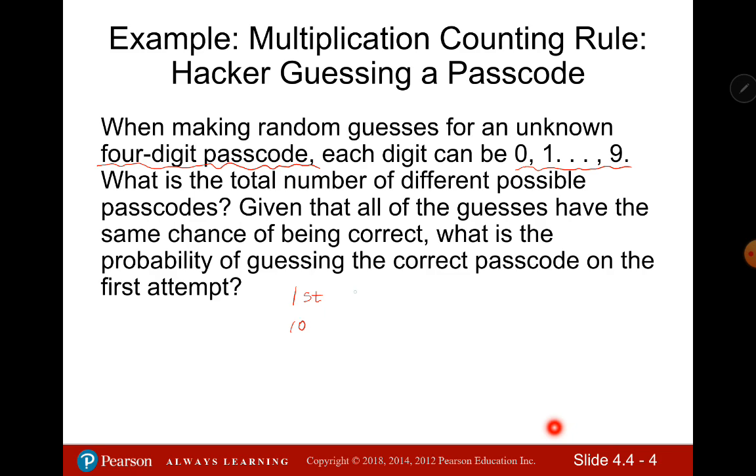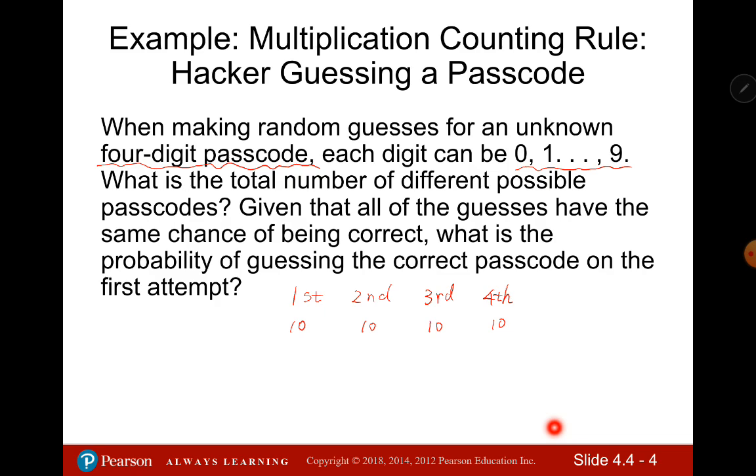How about the second digit? We can also choose one from 0 to 9. We still have 10 choices. For the third digit, we can pick a number from 0 to 9, 10 choices. And for the last digit, the 4th digit, we still pick a number from 0 to 9, 10 different choices.